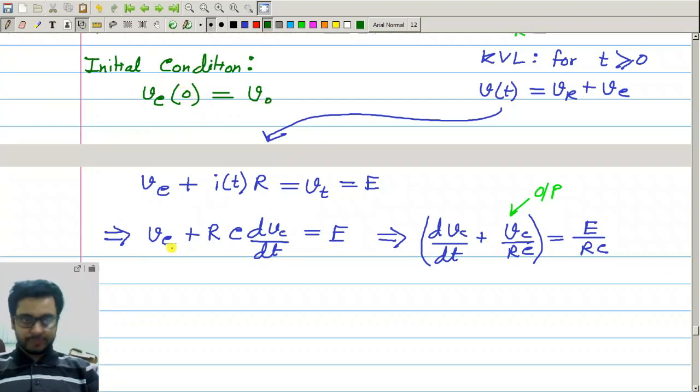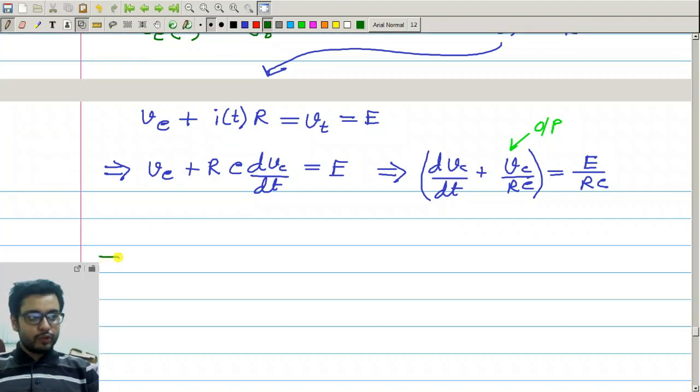That is given. Now we will solve this equation, and we know the general solution will have two parts.